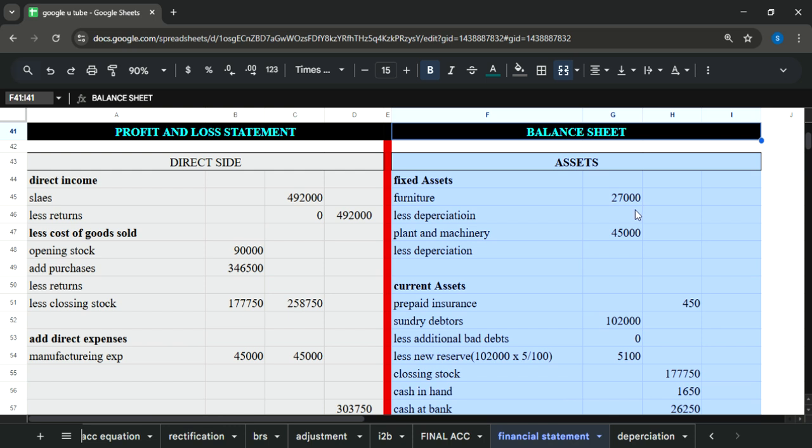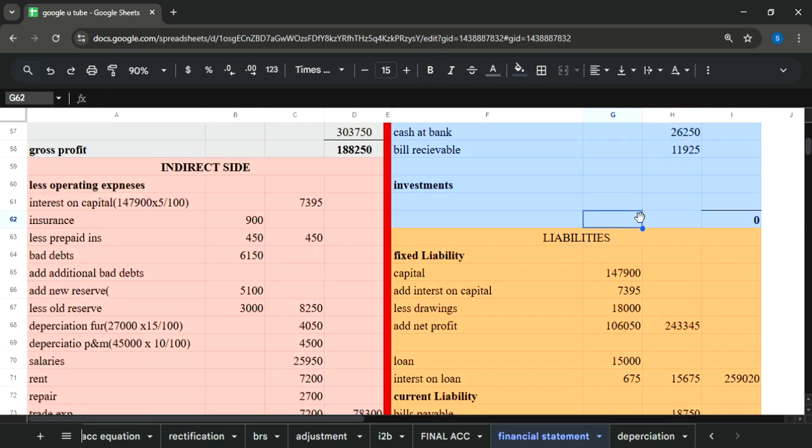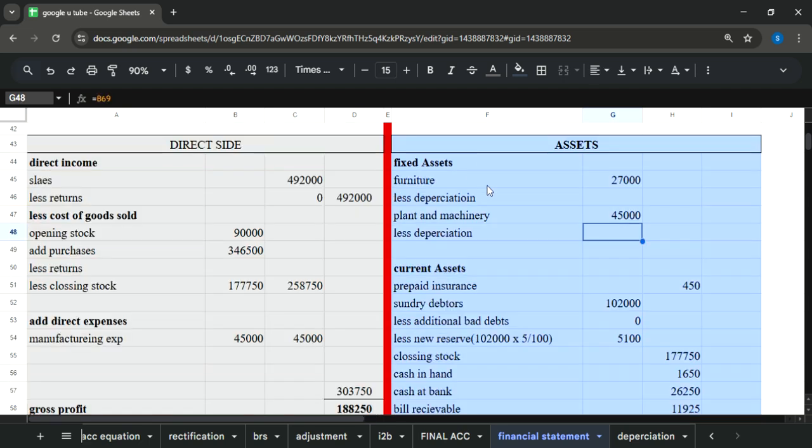And why we have not written the depreciation? It was supposed to be written over here. Okay, 4050 is furniture depreciation. 4050 furniture depreciation.